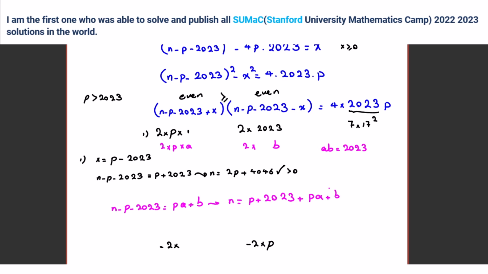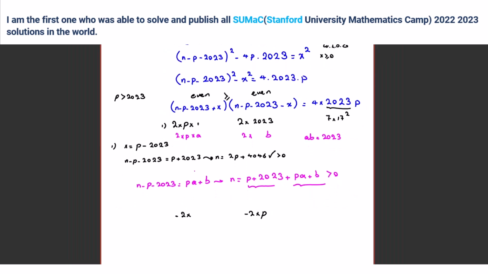Agreed? Yeah. And it is always positive and all of them are different, because this part is the same, and when we increase a, this one will be so much larger because p is greater than 2023. So we have 6 different answers, right? Understood how I proved we have 6 different answers for positives?